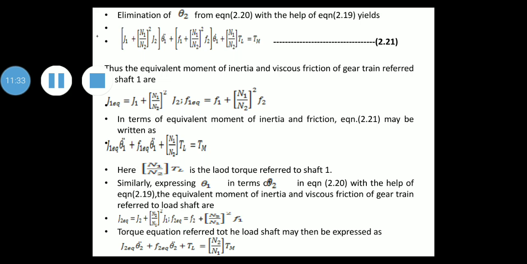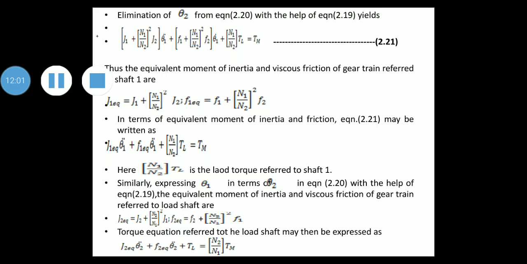Thus the equivalent moment of inertia and viscous friction of the gear train referred to shaft 1 are J1 equivalent is equal to J1 plus N1 by N2 whole square J2, and F1 equivalent is equal to F1 plus N1 by N2 whole square F2.